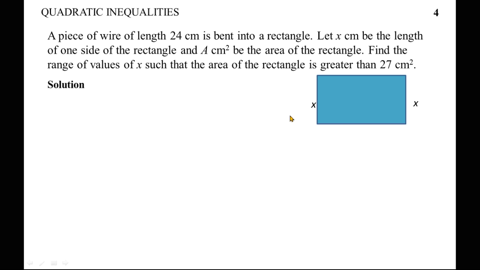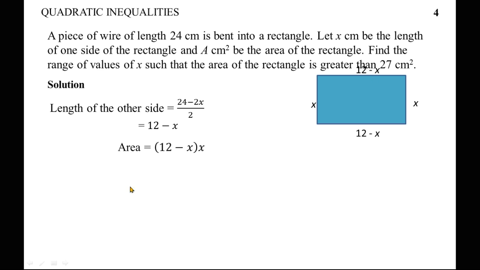By assumption that all the wire will be used to create this rectangle, the length of the other side will be 24 minus 2x divided by 2, because we have two sides. After that we simplify: the length of the other side will be 12 minus x. So this one will be 12 minus x, and this side is also 12 minus x.